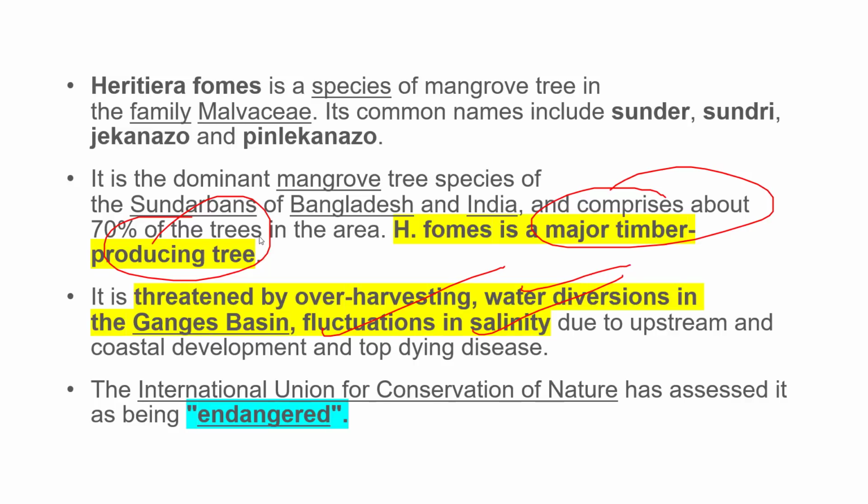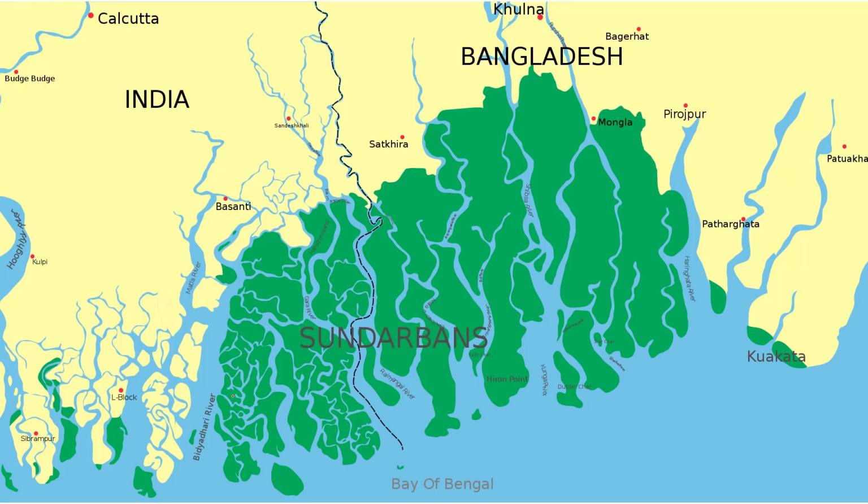But for some decades now, in these rivers and distributaries, less water is present, so they are carrying a lesser volume of water, and that's why less fresh water is there in the mix. So the saline water of the ocean is rising, and that's why sensitive plants like the Sundari tree cannot tolerate too much salinity, and so it is under a lot of danger. IUCN has declared it an endangered plant, a major timber producing tree.